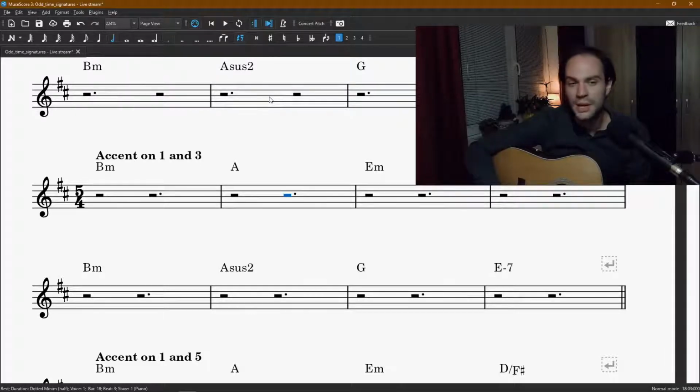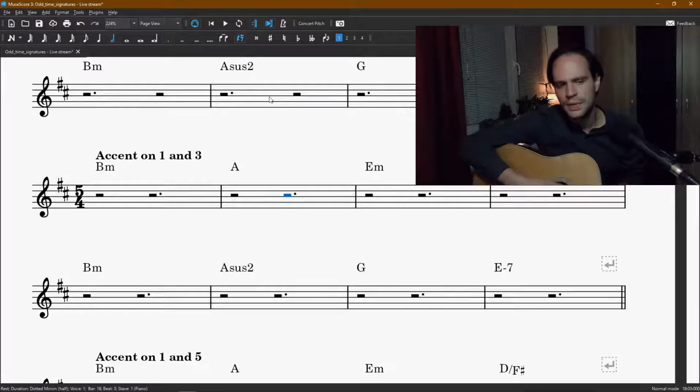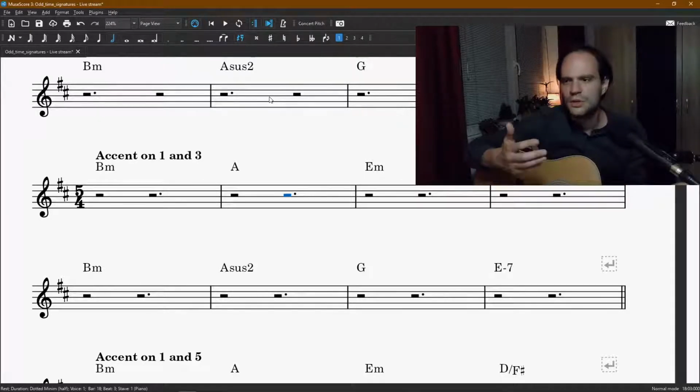With odd time signatures, you need to stay sharp and focused. But the reason to do this is that odd time signatures give a bit more movement to the rhythm.